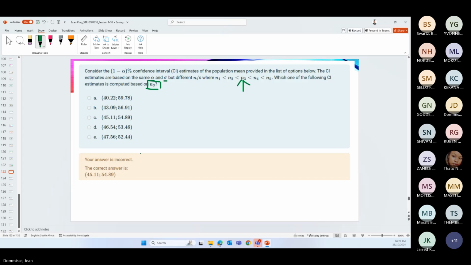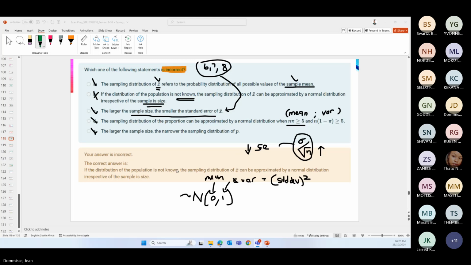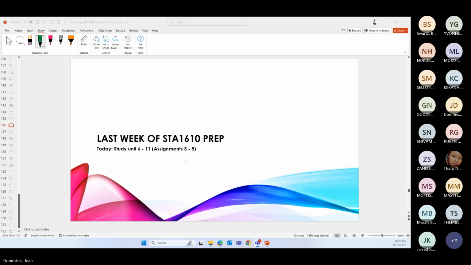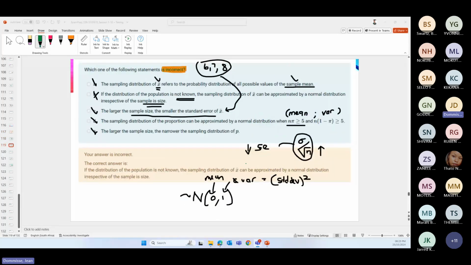Here you need to look at, because we said, as your sample increases, your standard error becomes smaller, meaning also that your confidence interval becomes narrower.